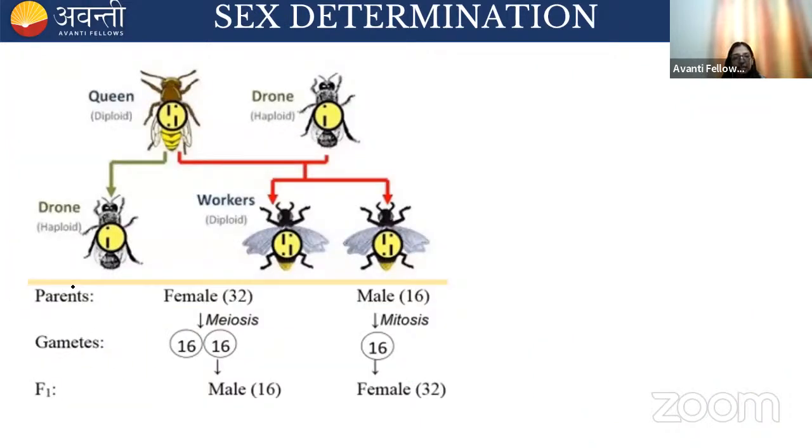Next one is the sex determination in the case of bee, and they follow a haplodiploidy condition, or the haplodiploidy mechanism. Here the ploidy will determine the sex of the offspring, whether it's going to be a queen or a drone.